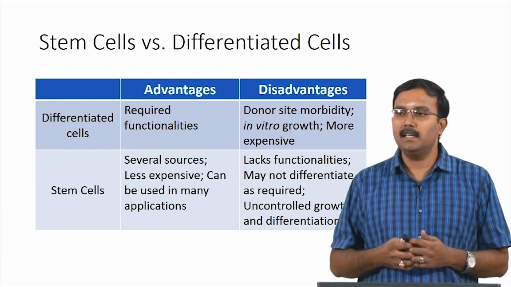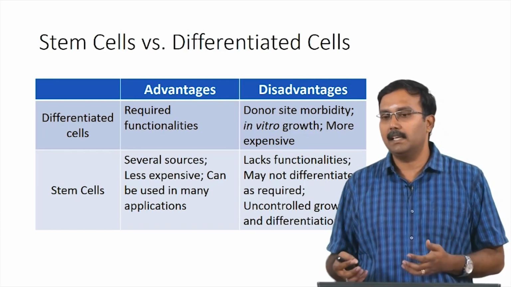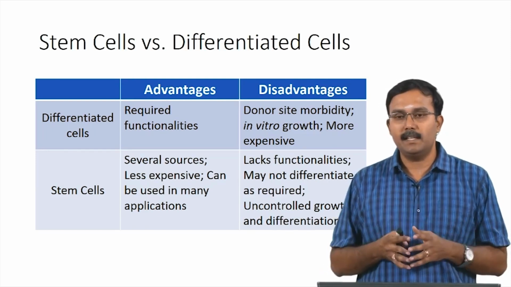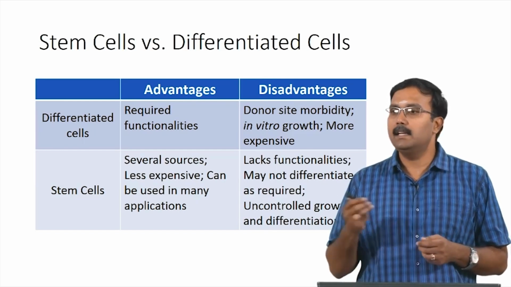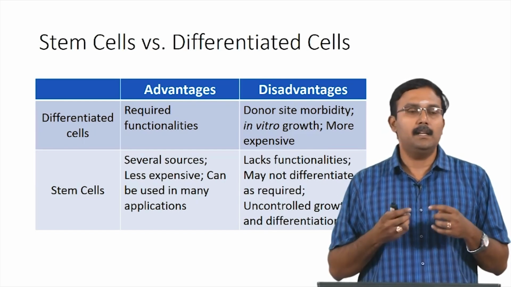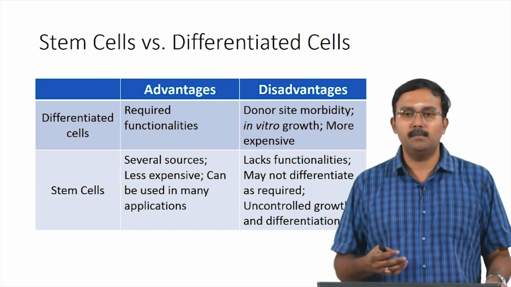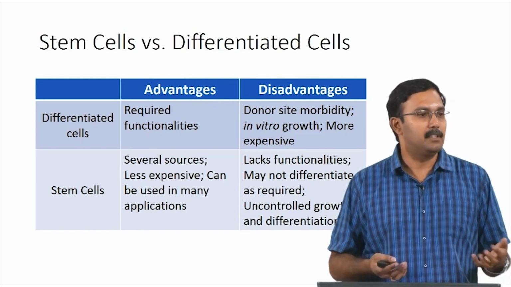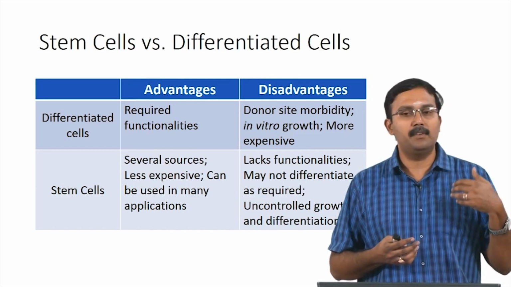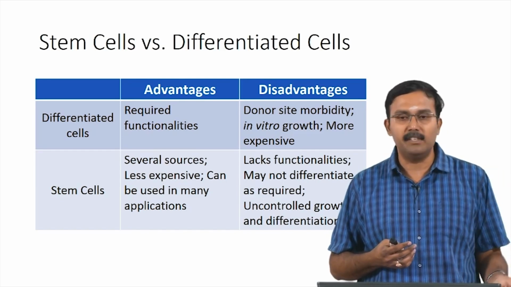However, the disadvantage is they do not have the functionality, which means you need to differentiate them properly to get the desired functionality, and they may not differentiate as required. So, there could always be an issue with differentiation, especially when you expect differentiation to happen in vivo.